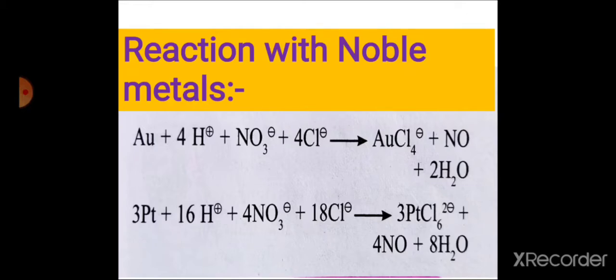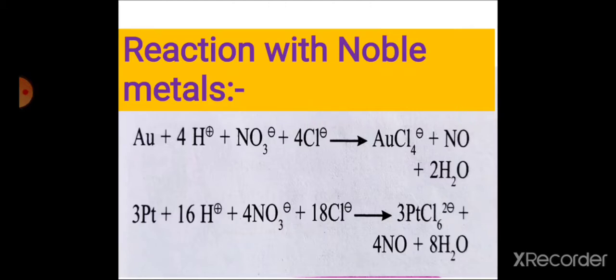Aqua regia means three parts of concentrated HCl, hydrochloric acid, and one part of concentrated HNO3, nitric acid, are mixed. Then aqua regia is formed. Noble metals like gold and platinum get dissolved in aqua regia.